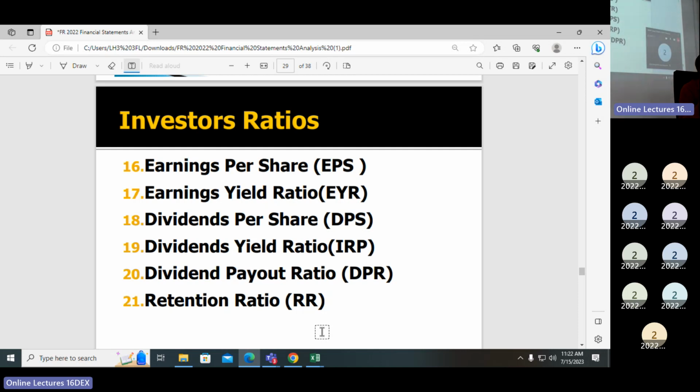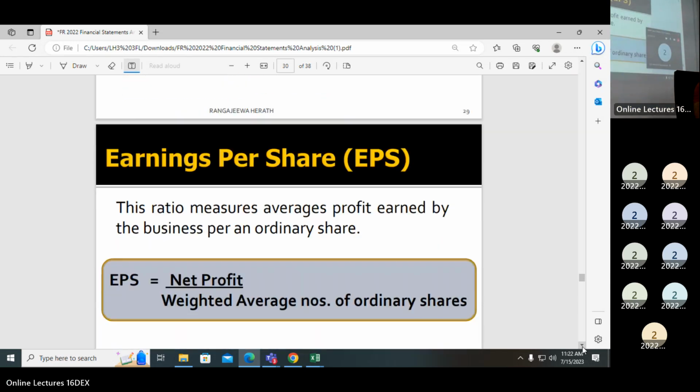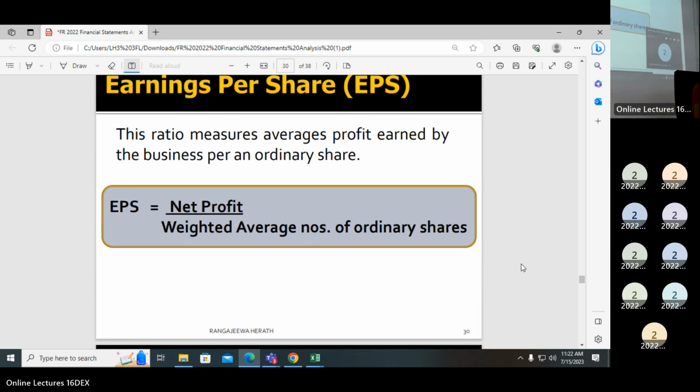From the share market perspective, these are the basic, primary ratios that they will consider. We call them investor ratios. Under investor ratios, we have first, earnings per share. We take the net profit divided by the weighted average number of ordinary shares.